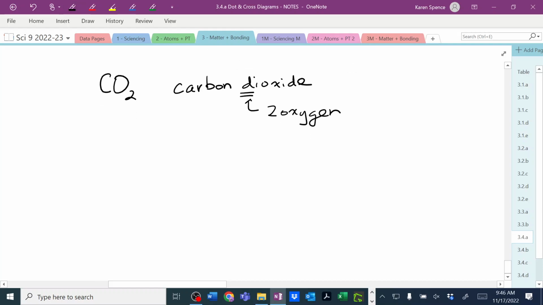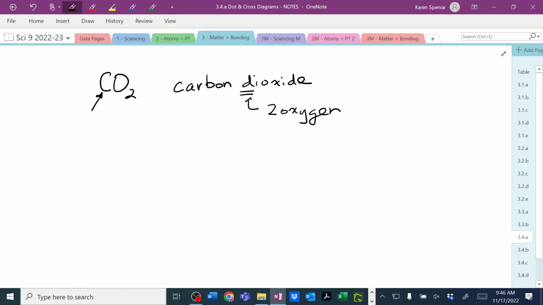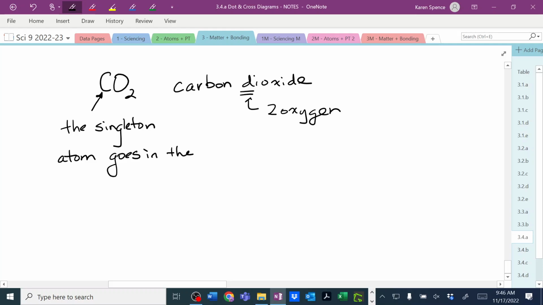So we have a carbon. And if you aren't told where the atoms go, the singleton atom will go in the middle. What does that mean?